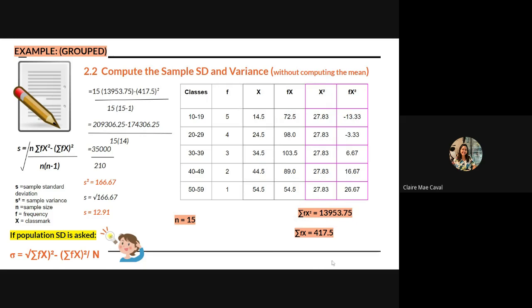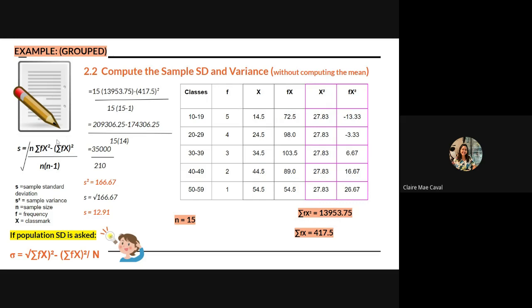When you add this fx squared and this fx, this is what comes out, because this one is correct. So let's apply this formula. Again, class, this formula does not compute the mean. This time, your numerator is 15, because 15 is the sample size, times 13,953.75.